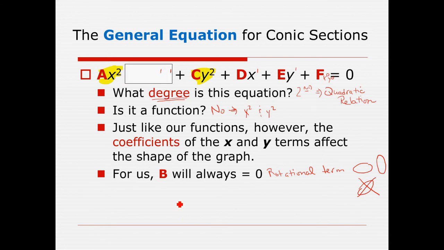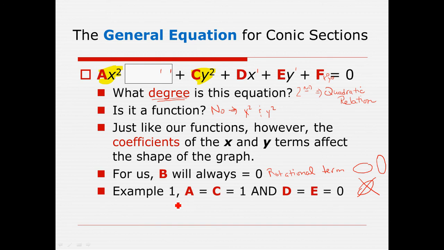And I didn't even have to mention B to you, but I didn't want to give you the general equation and go Ax squared plus Cy squared and have somebody go, hey, what happened to B? Right? So I'm telling you what happened to B. B for us is 0, therefore the xy term has disappeared. So we're going to do example 1, where A and C are the same number and that number is 1.